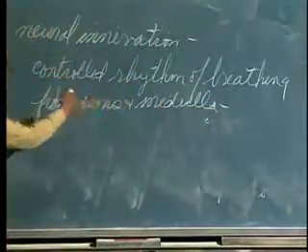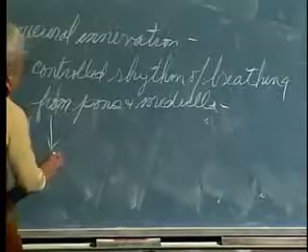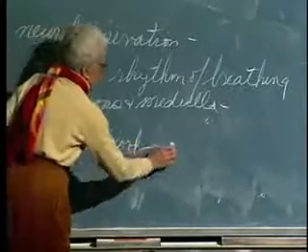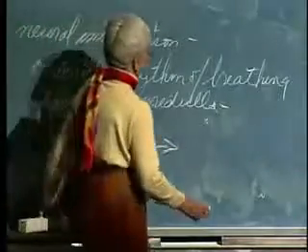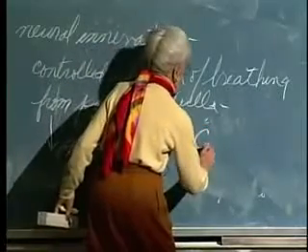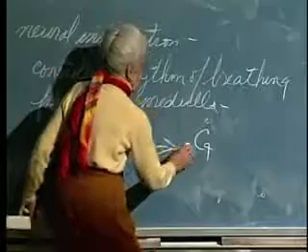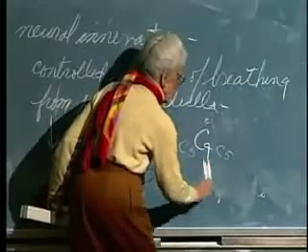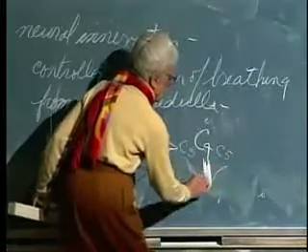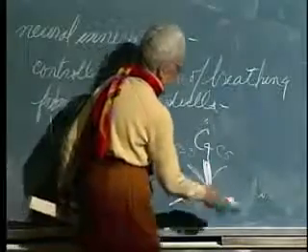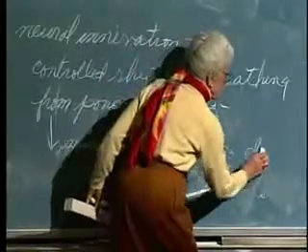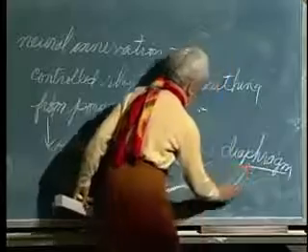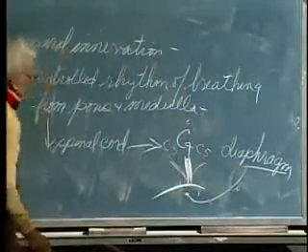So the message from these centers will go down to the spinal cord to the cervical level, specifically mainly to C4, some C3, some C5, but the main input is coming from C4, and it goes down to the diaphragm to rhythmically contract, to allow you to breathe.